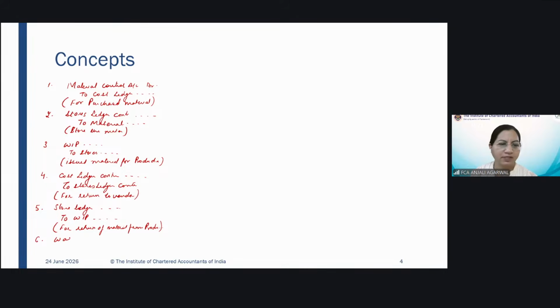Then you incur the wages. So wages control account to cost ledger control account for the total wages which you have incurred. Out of this, whichever is direct wages will go to WIP, for direct wages charged to work in progress.